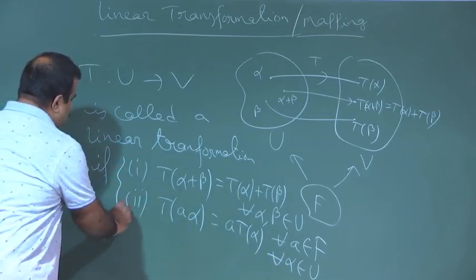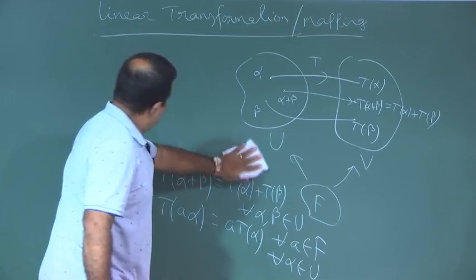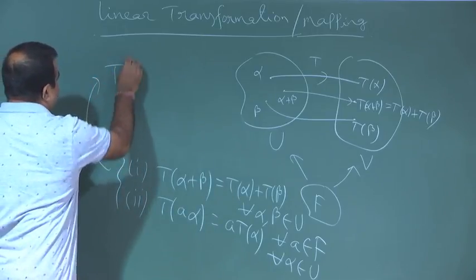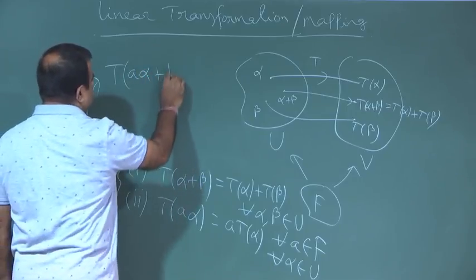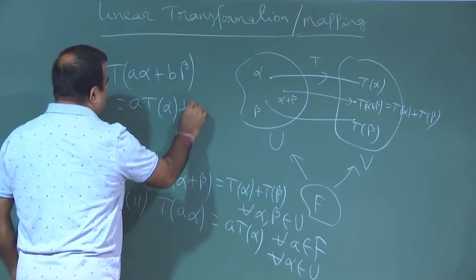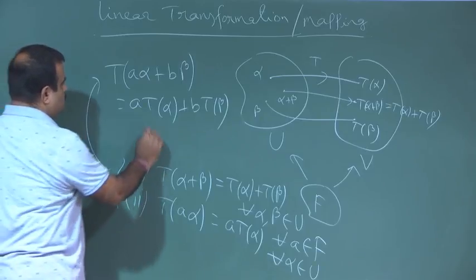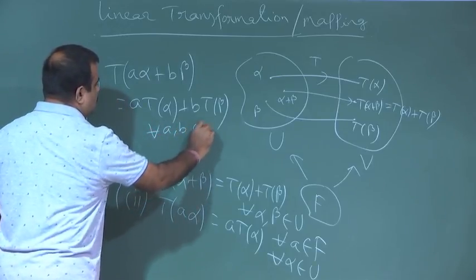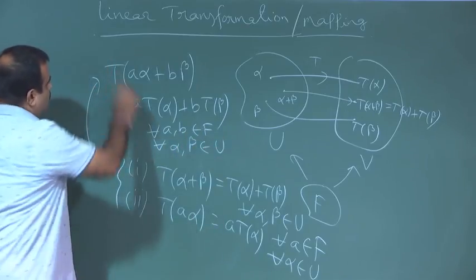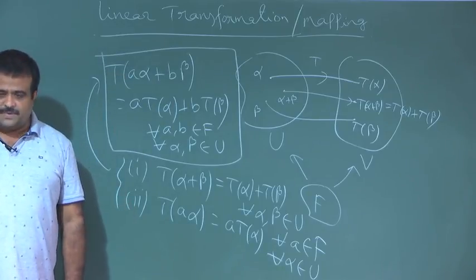Now, to combine these two properties, we can write a single property. Instead of these two, we can write T of A alpha plus B beta is the same as A T alpha plus B T beta, and if it is true for all scalars A, B and for all vectors alpha, beta, then we call this mapping a linear mapping or linear transformation.